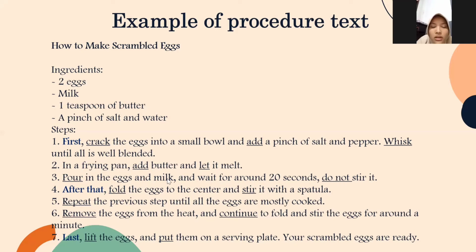Third, pour in the eggs and milk. Stir it with a spatula. Fifth, repeat the previous step until all the eggs are mostly cooked. Six, remove the eggs from the heat and continue to fold and stir the eggs for around a minute. The last one, 7, leave the eggs and put them on a serving plate and your scrambled eggs are ready.